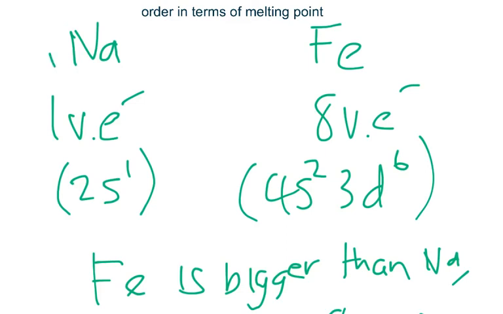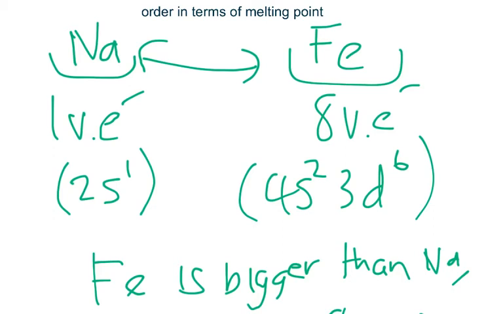We have to compare sodium and iron. Now I know that the answer is basically there, but let's talk through this. Sodium and iron are two metals, and we have to think about metallic bonding. Metallic bonding includes the metallic radius, and obviously iron will have a larger metallic radius since it is a larger atom after all.